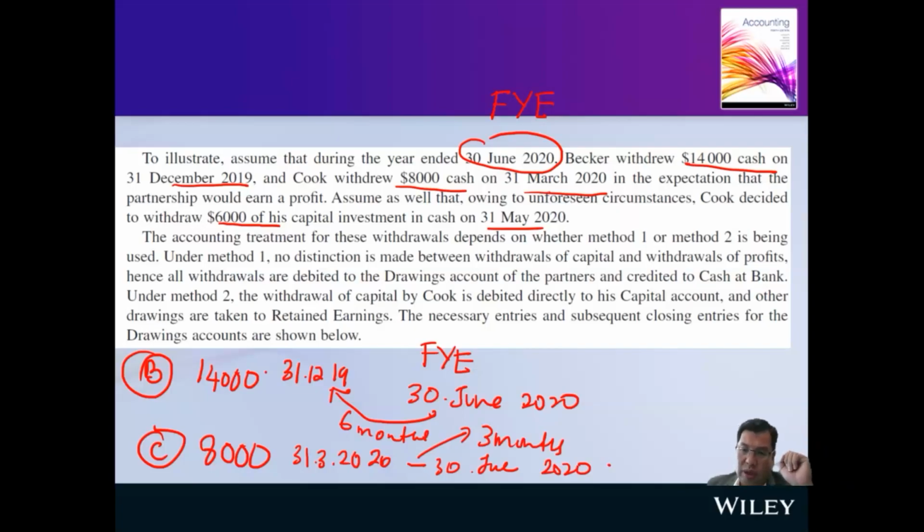Under method 1, no distinction is made between withdrawal of capital and withdrawal of profit. All go to the drawing accounts and we charge it to the partner's capital at the end of the day. But under method number 2, we need to ascertain whether the drawing is in the form of retained earnings, the profit, or drawing of capital.